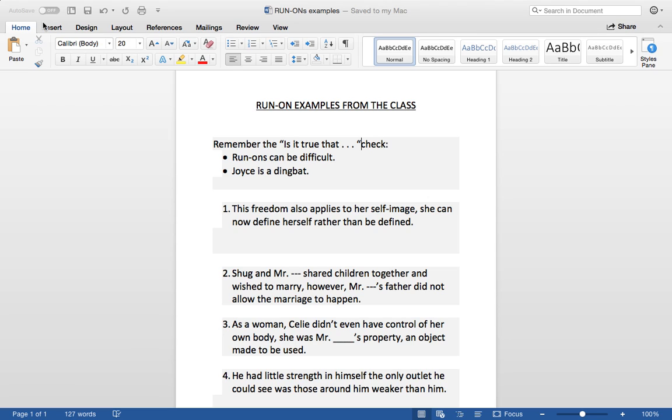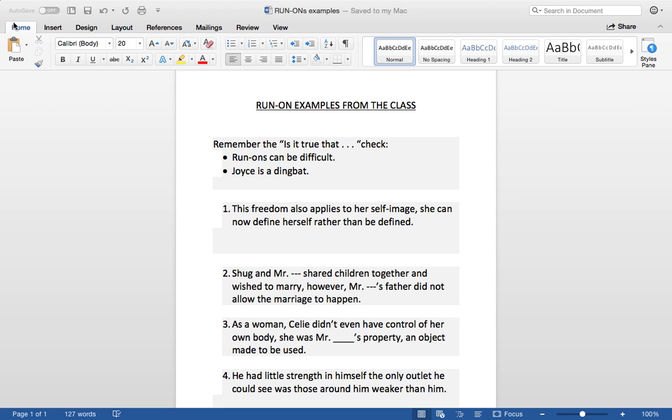It's called the "Is it true that" check. So all you have to do when in doubt is ask, "Is it true that," and stick the sentence behind that, and if it makes sense as a question, then yeah, it's a sentence.